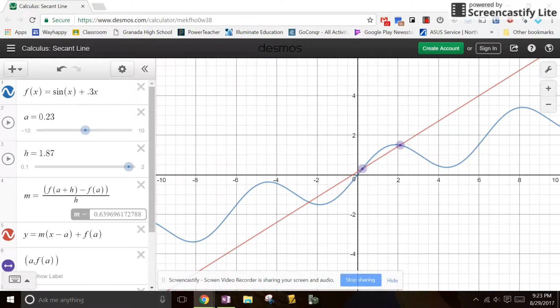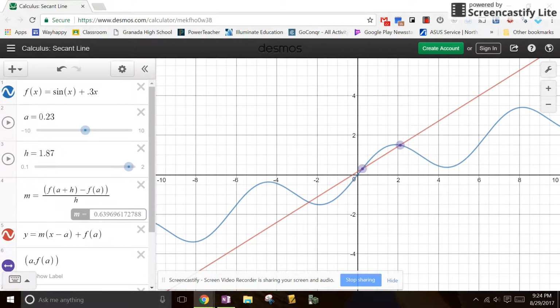All right, nice work. Now, smartly enough, I've turned on my mic, so I should sound a little better. Here we go. This was a link I had in the notes that said "show this," and it's showing a graph, the blue graph, sine x plus 0.3x, and there's a secant line, the red line.